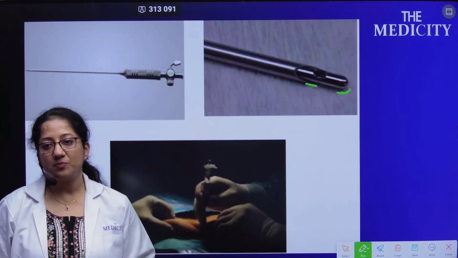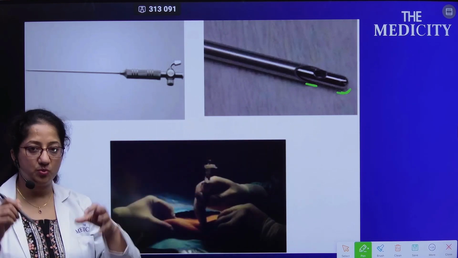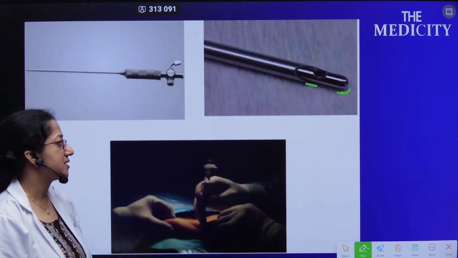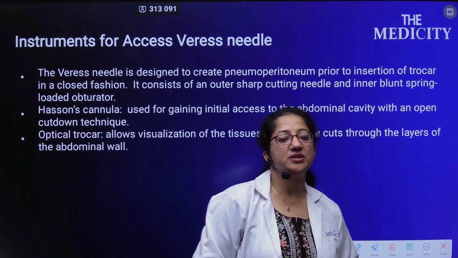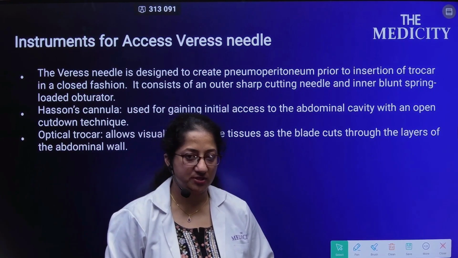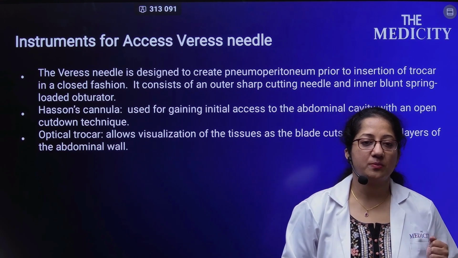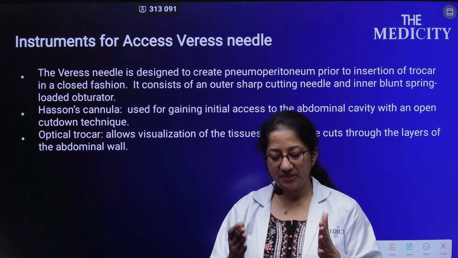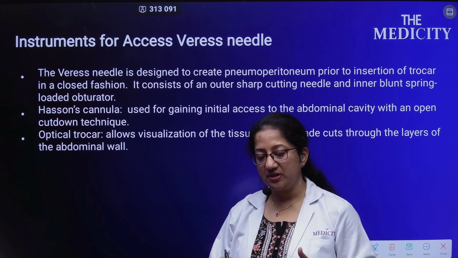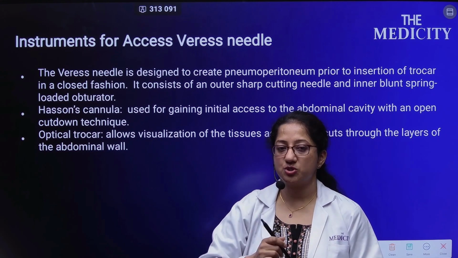We also have plastic Veress needles now, and through this we are able to put carbon dioxide into the patient's abdomen. The Veress needle is designed to create a pneumoperitoneum prior to the insertion of a trocar in a closed fashion. It consists of an outer sharp cutting edge and an inner blunt spring-loaded obturator. Also we can use Hasson's technique, that is the open technique, in which we make a cut in the abdomen and we keep cutting every layer and we go inside under vision.